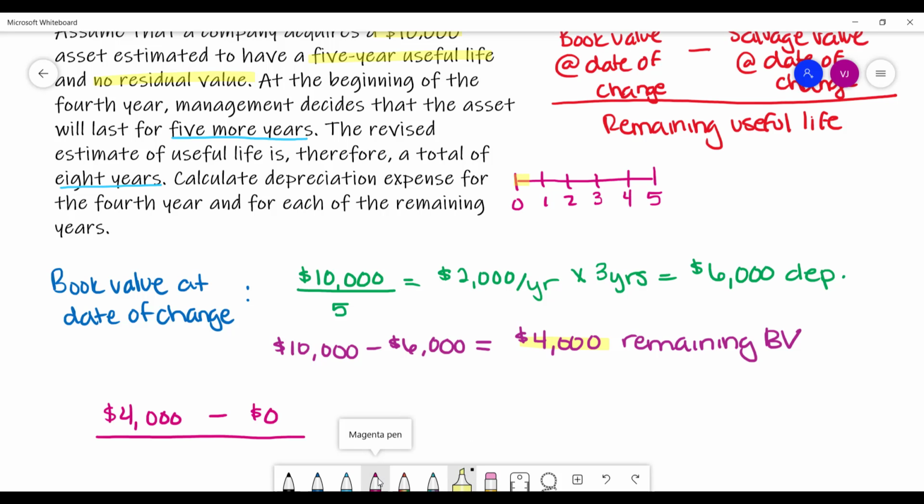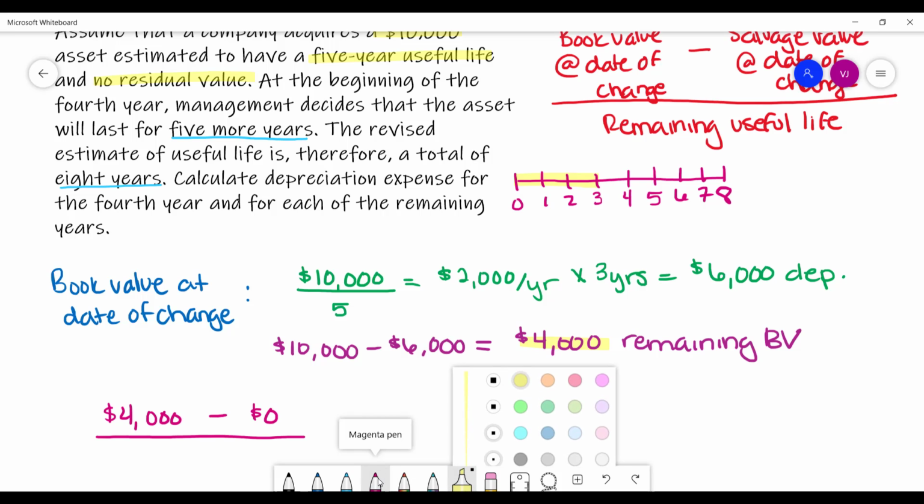So we've had the asset for a full 3 years. But at the end of year 3, beginning of year 4, going into year 4, they decided, okay, it's not going to last us just 2 more years. We think it's going to last us another 5 years. So we extended this number line to year 8. So we have 2 years remaining from the original one, but then we'd add another 3. So 6, 7, 8.